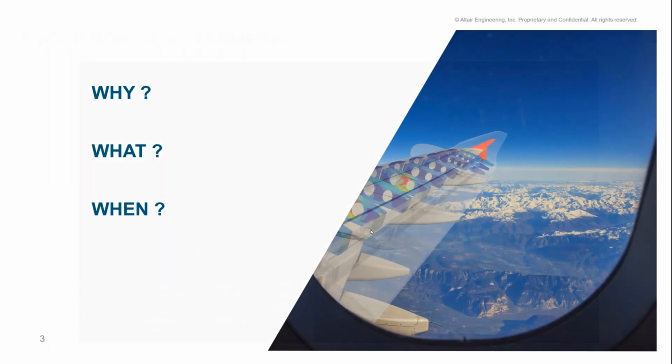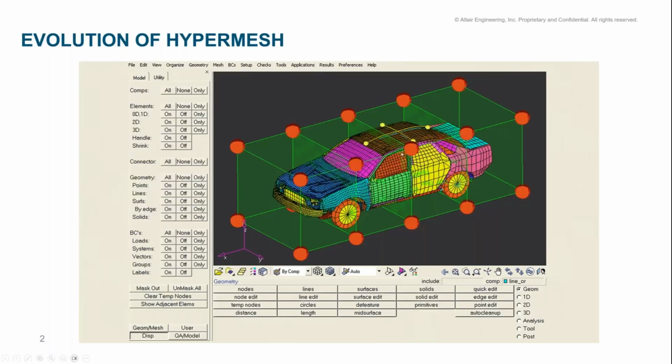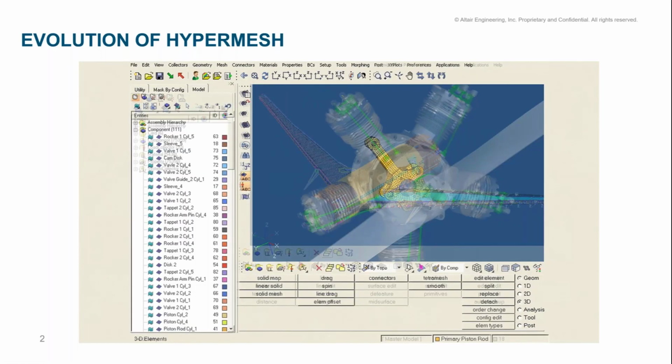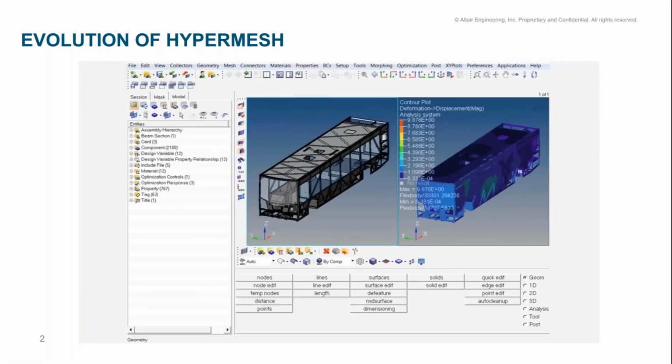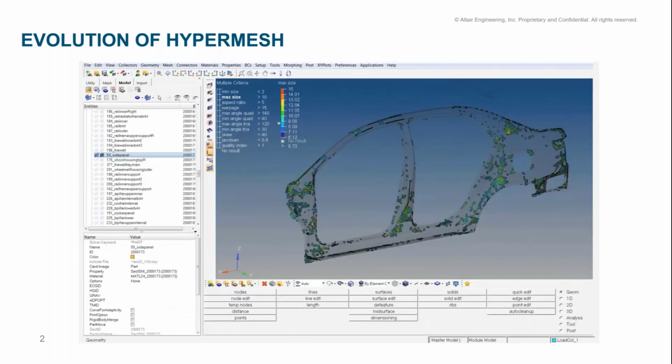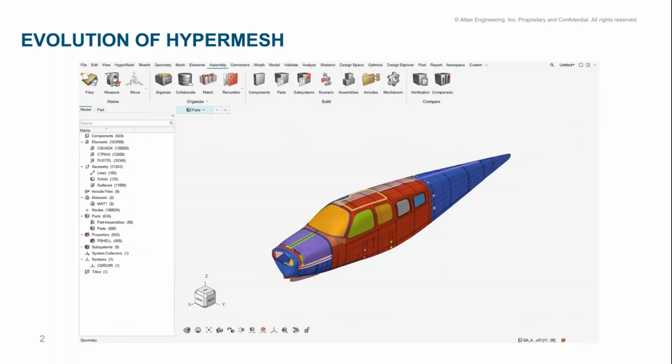It was initially kind of commands that we used to run, and later on with the improvement in technology, we adopted all the new technologies, and we have improved a lot, and here we stand as of today. So this is the Altair HyperWorks.